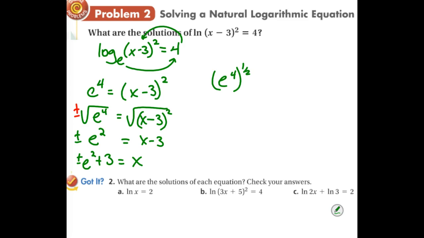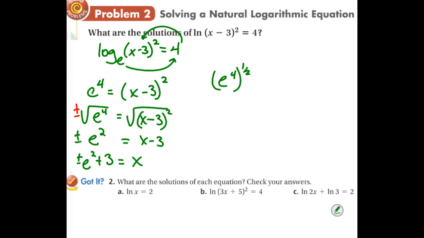We do have to check to see if they're extraneous. So we have to make sure that when we plug them back in, we're not trying to take the log of a negative number. So what would e squared equal? 7.3891. So about 7.4? Yes?